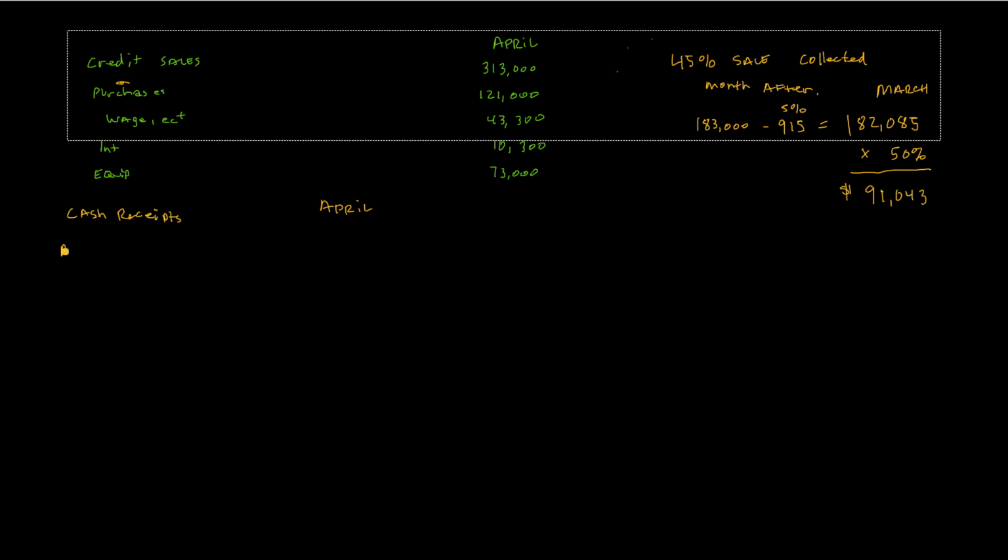So in April, I'm going to collect March's sales, which is basically 91,043, because I already took my 5% off the top, saying we're not going to collect it, so don't even worry about it. So in April, I'm going to collect 91,043.